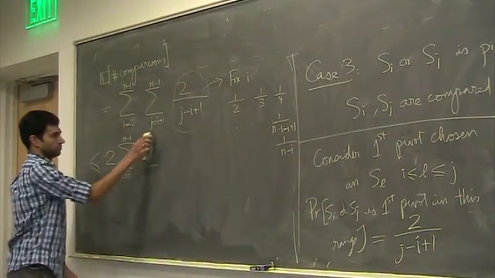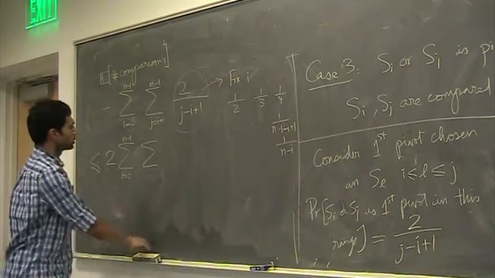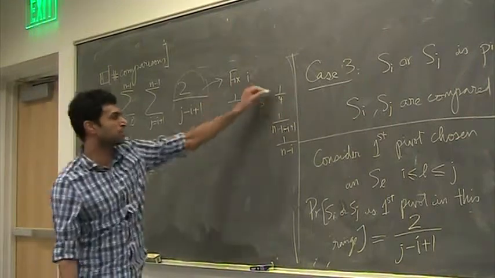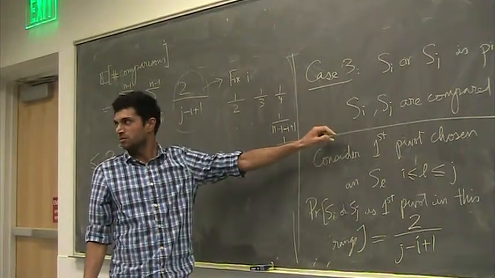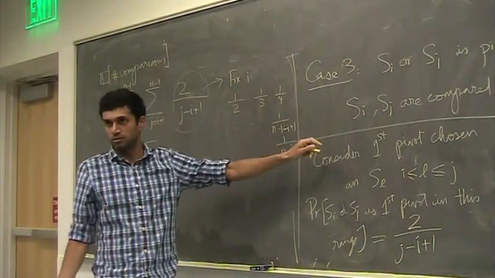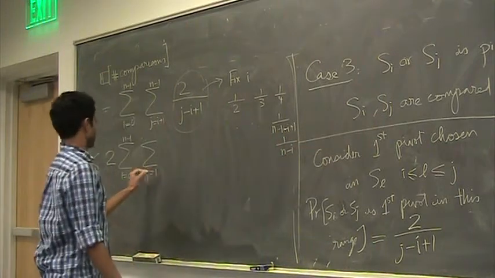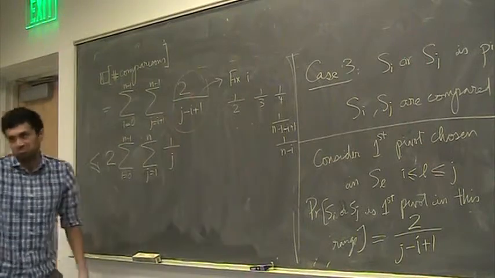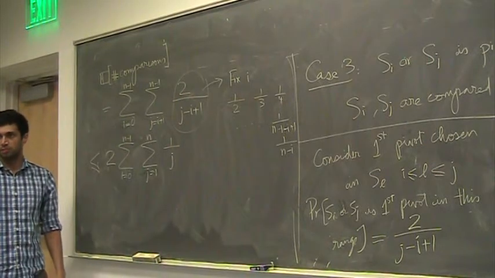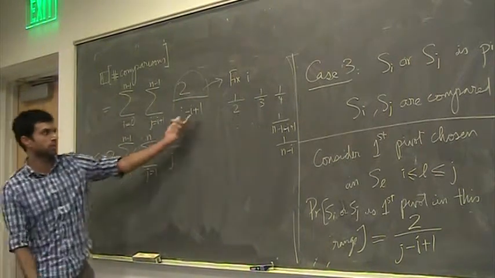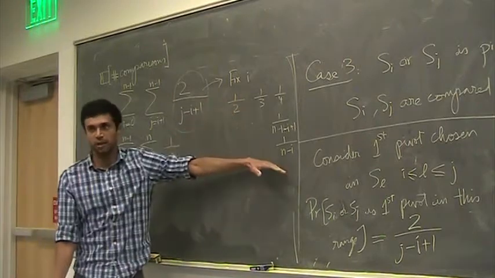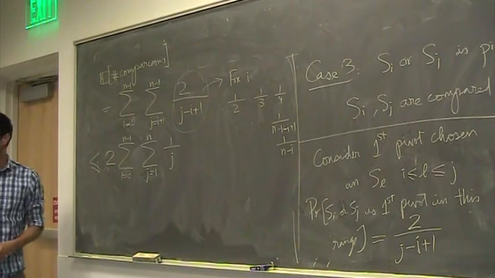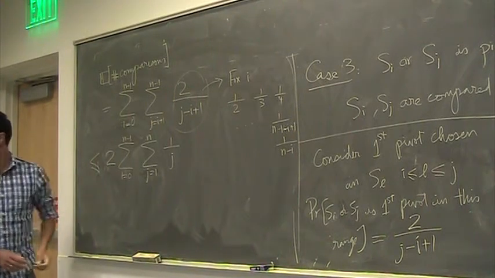So I'm going to be really loose over here and just say, well, I'm just going to assume it goes all the way up to n. It's an upper bound. So I'm just going to take j going from 1 to n and just write 1 divided by j. It only goes up to n minus i, but I'm just going to upper bound it by going all the way up to 1 over n.